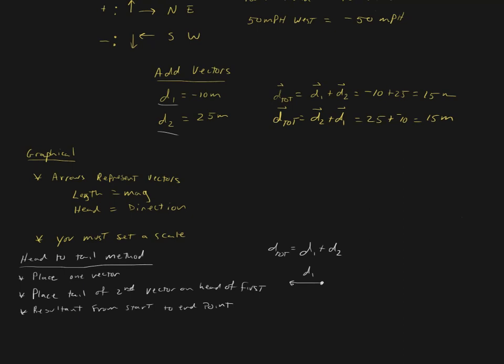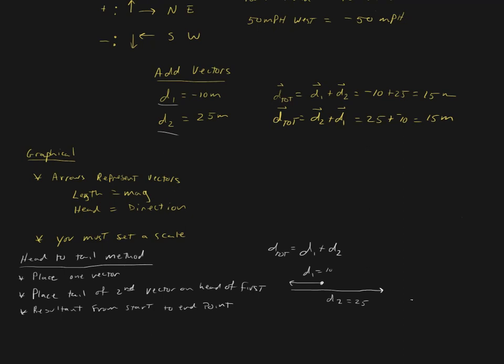So vector 2 is going to go head to tail. Now, technically I should draw this right over top of that arrow, but I'm going to put it a little bit below so we can see it. And I'm going to come back in this direction. There's 10 units, here's another 10 units, and then I've got to go 5 units past that. So this is vector d2. Now remember, d1 was 10 meters in length, and this one is 25 meters in length.